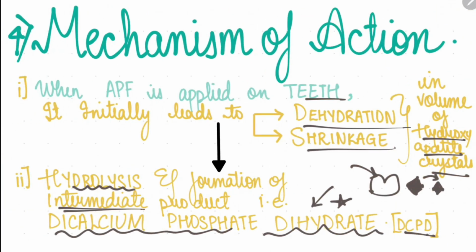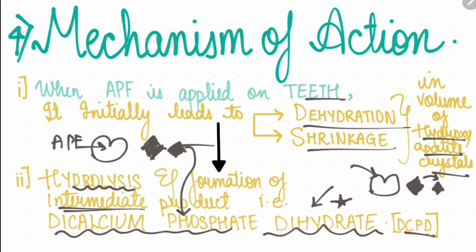Summarizing it once for you. When you apply APF on the teeth, there are some hydroxyapatite crystals. These hydroxyapatite crystals undergo shrinkage and dehydration, and therefore an intermediate product is formed, which is called dicalcium phosphate dihydrate. This dicalcium phosphate dihydrate is highly reactive with fluoride, so it reacts with fluoride and fluorapatite is formed.